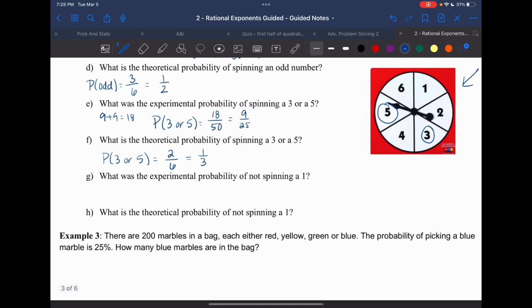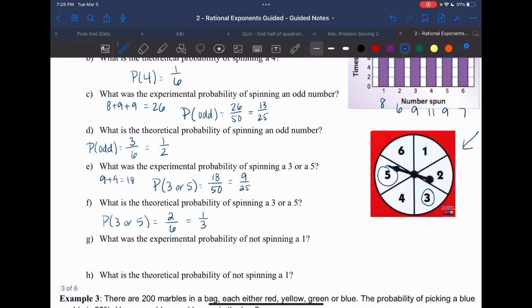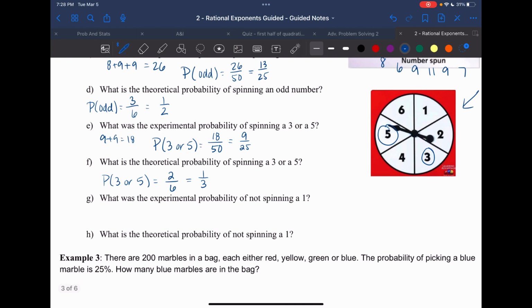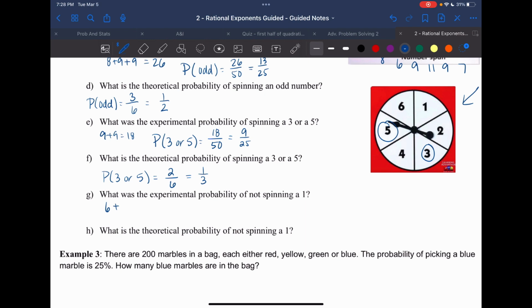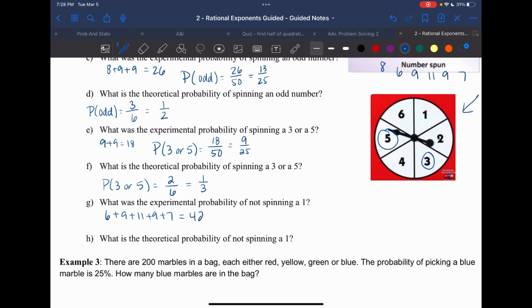What was the experimental probability of not spinning a 1? So basically everything except for the 1, which is 6, 9, 11, 9, and 7. So 6 plus 9 plus 11 plus 9 plus 7 is going to give me 42.